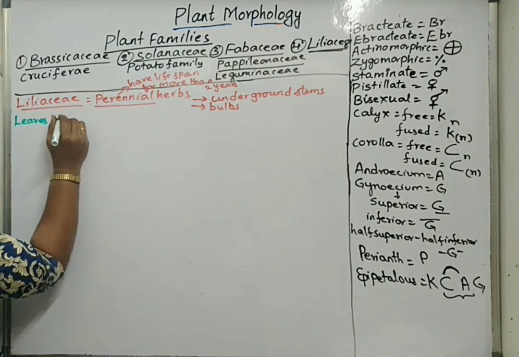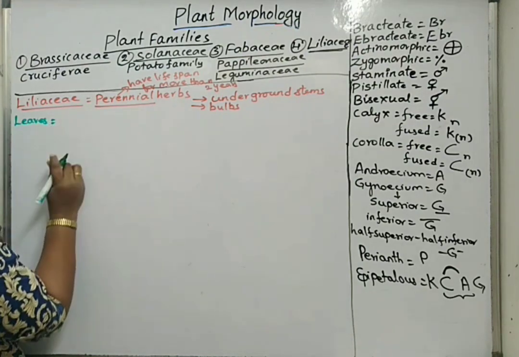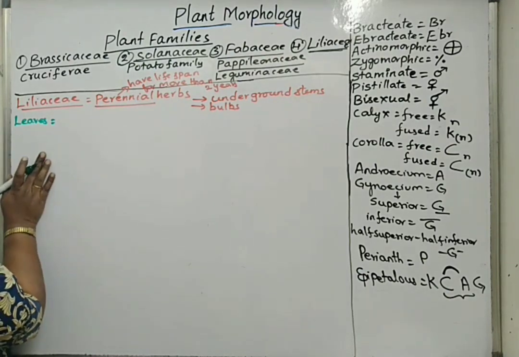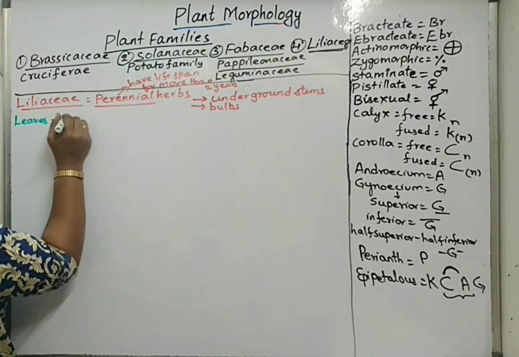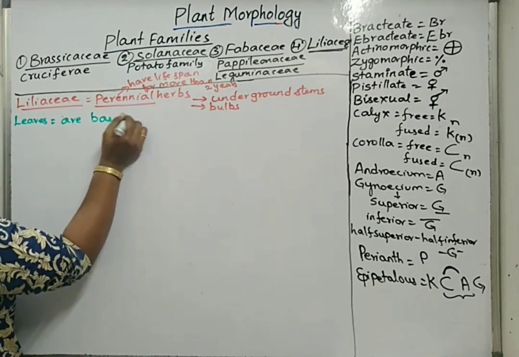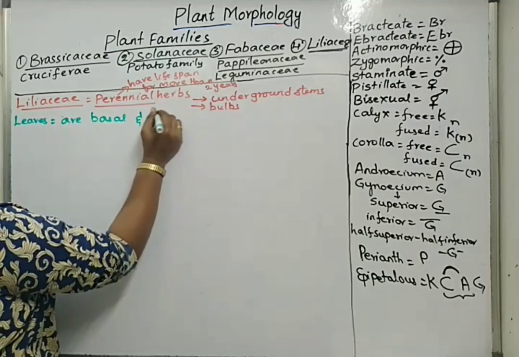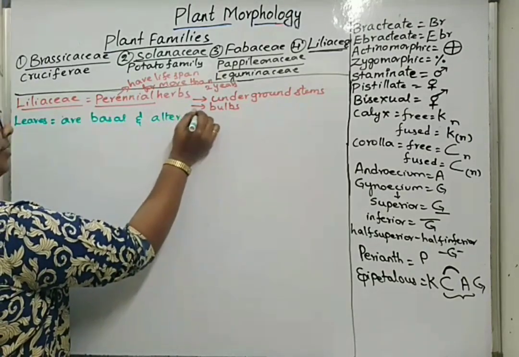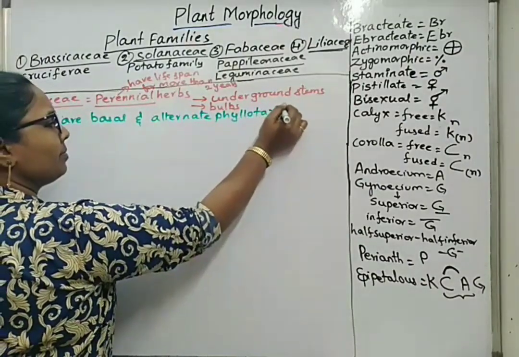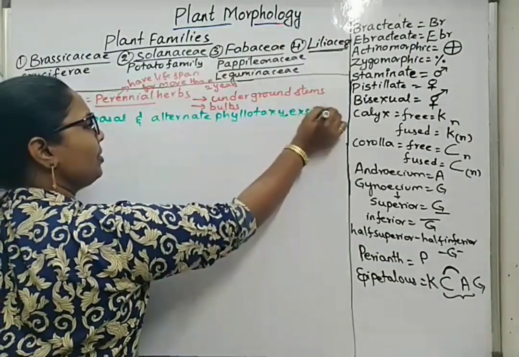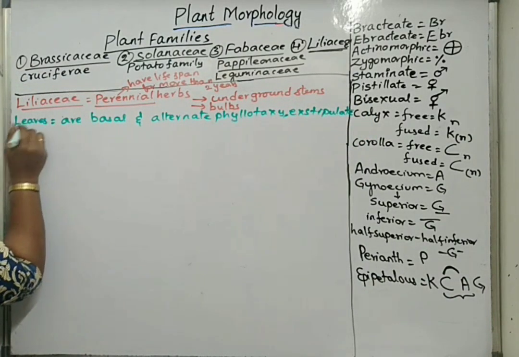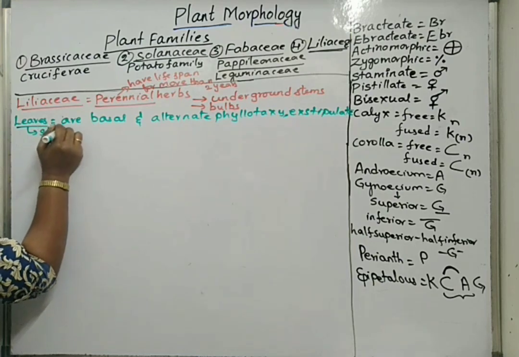Coming to leaves. Leaves are basal and show alternate phyllotaxy, and they are linear in shape, and they are exstipulate, meaning stipules are not present. Next, leaves show parallel venation.